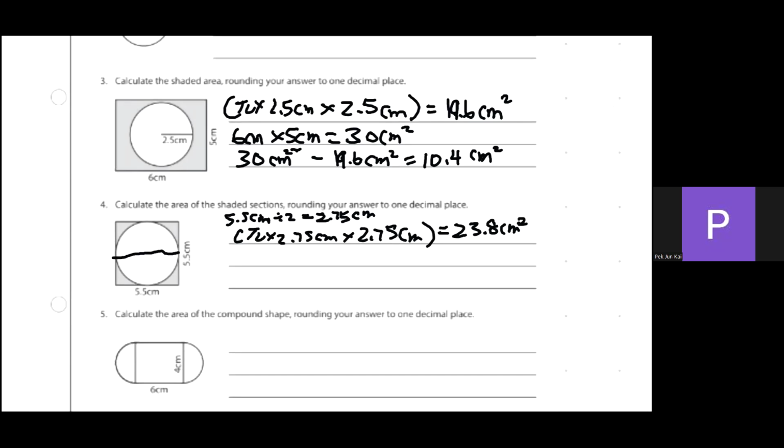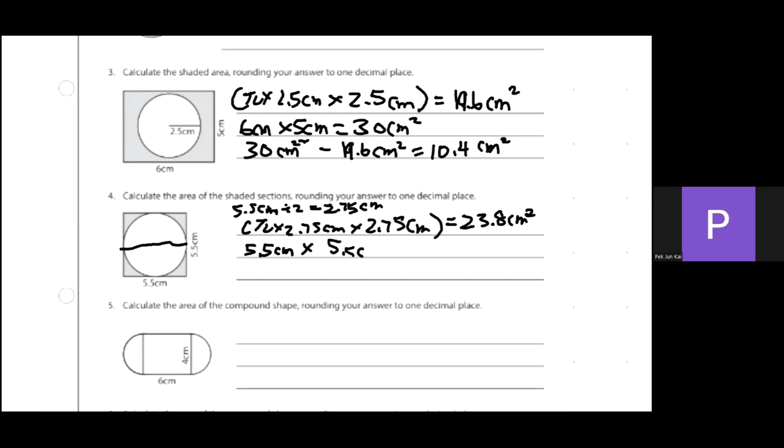So now we calculate the area of the square, which is 5.5 cm times 5.5 cm, which is 30.25 cm square.